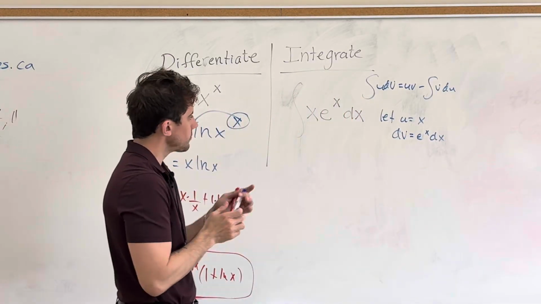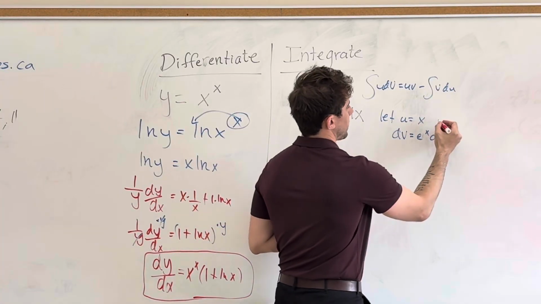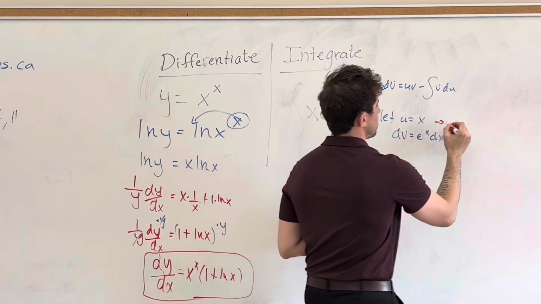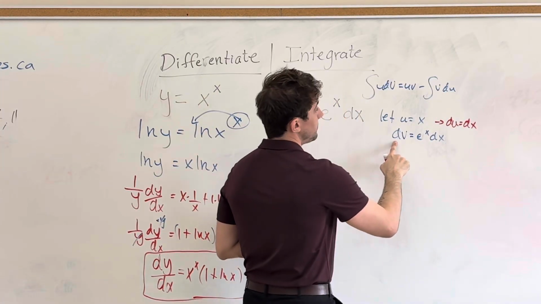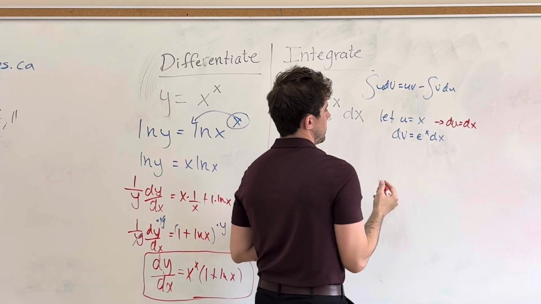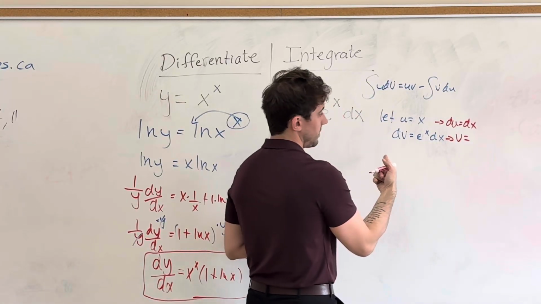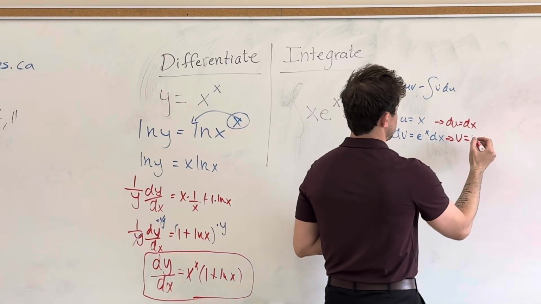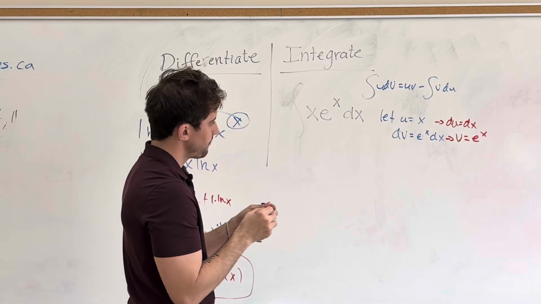Now what that means is that, getting their counterparts, if u is x, then du is simply dx. And if dv is e to the x dx, then v, the integral of that, is going to be just e to the x, right?